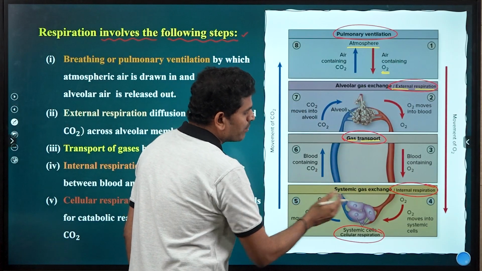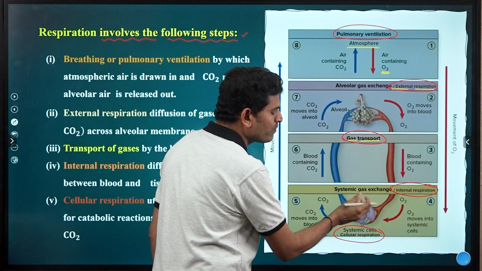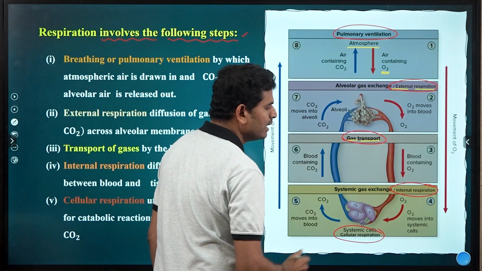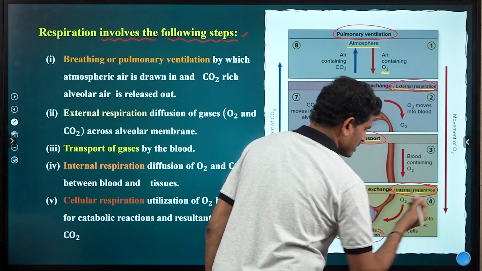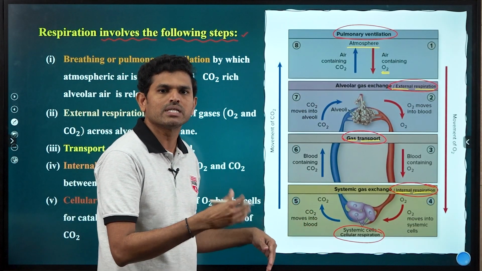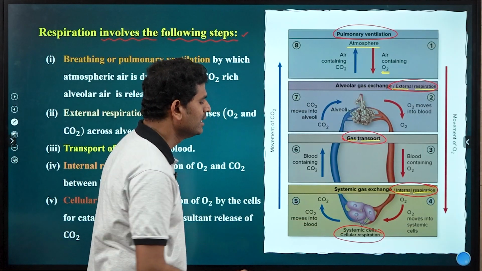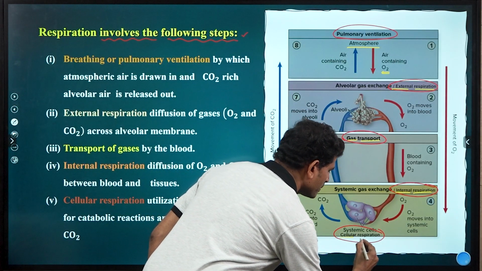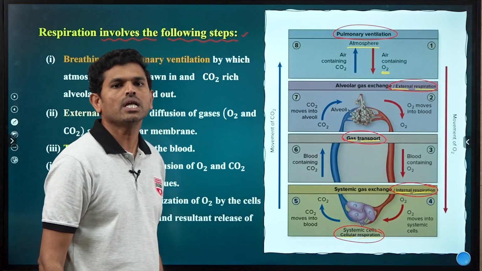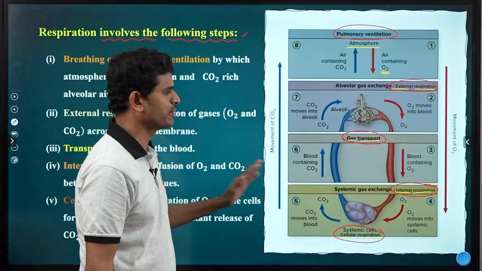Now इधर आने के बाद again between the blood and tissues exchange of gases takes place, that is called internal respiration. Now tissues or cells are going to make use of these gases. This is called cellular respiration. This is the actual respiration process. So these are the events of respiration.